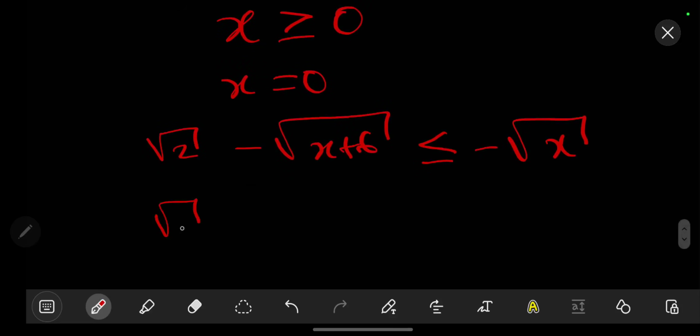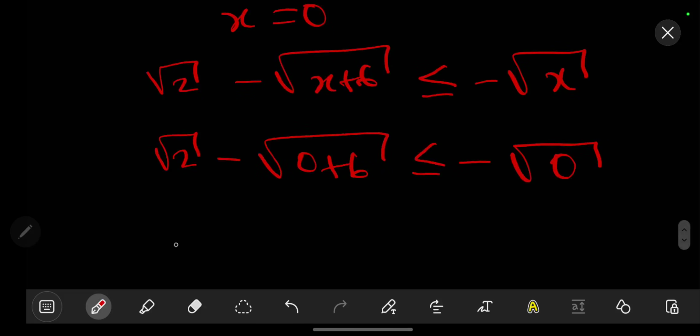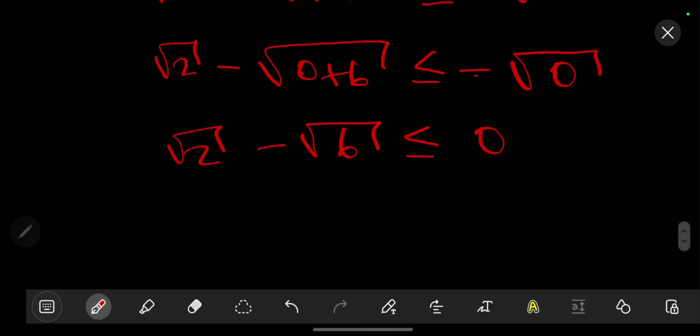This gives the root of 2 minus the square root of 0 plus 6, less than or equal to negative the root of 0. What we have is the square root of 2 minus the root of 6, less than or equal to the square root of 0, which is 0, times negative 1, which is just 0. So this is what we have.